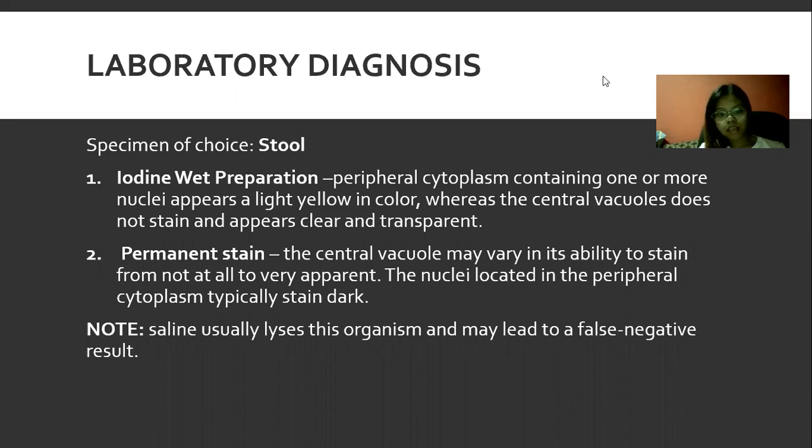With permanent stain, the central vacuole may vary in its ability to stain, from not at all to very apparent, and the nuclei located in the peripheral cytoplasm typically stain dark. Note that saline usually lyses this organism and may lead to a false negative result, so it is more advisable to use iodine wet preparation for detection of this organism.